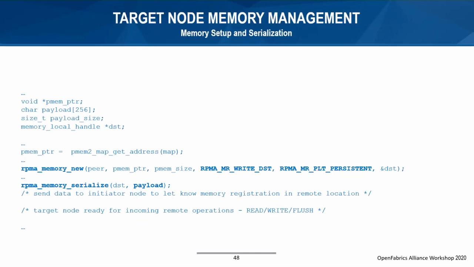We create a handle for that, and we decided that it will be an area where the remote node will write data. When we create this handle, we can convert it to a buffer of bytes that can be easily transferred to the remote opposite node. Next slide, please.